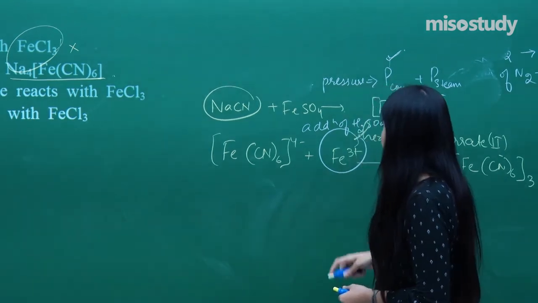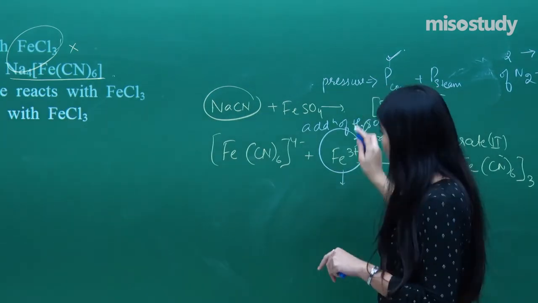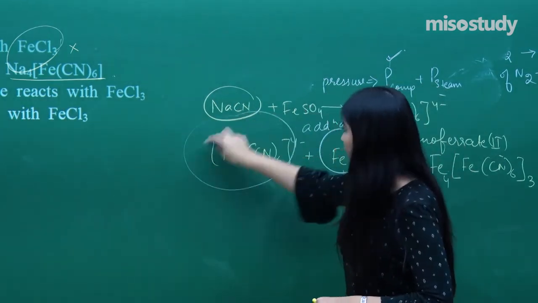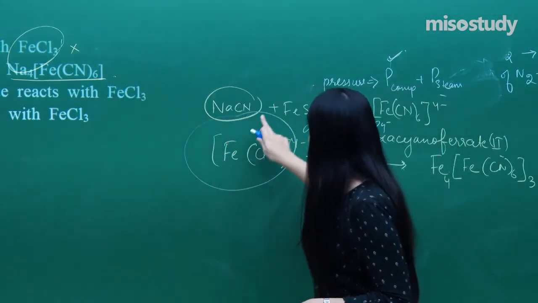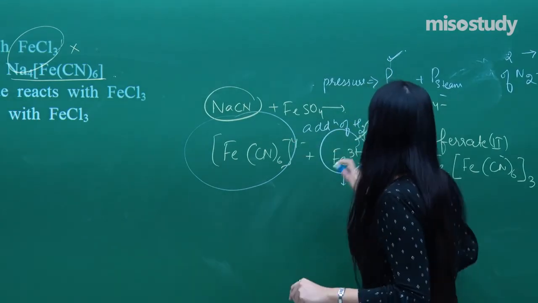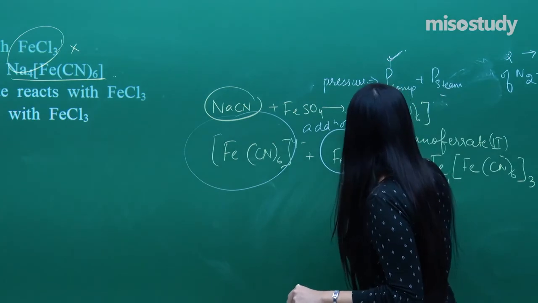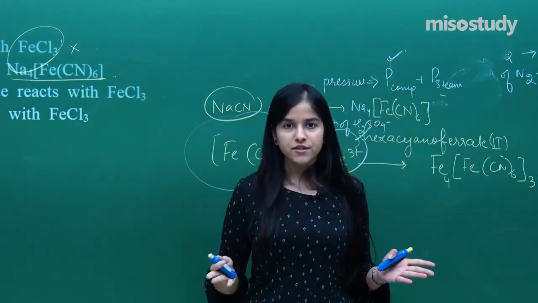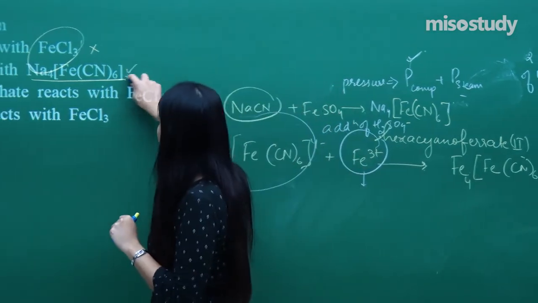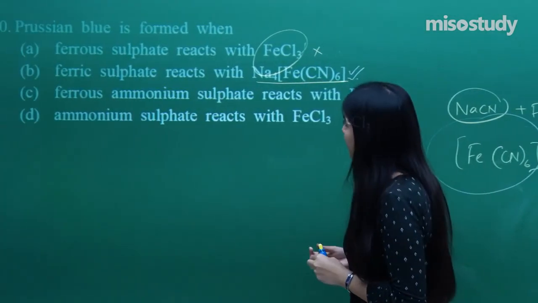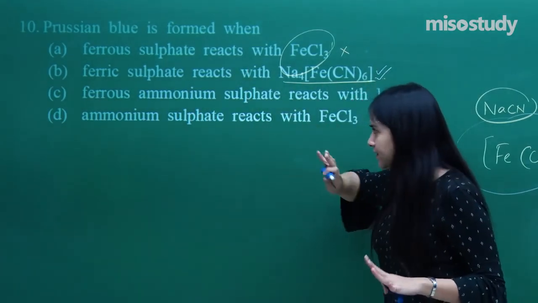So this ferric ion is coming from the ferric sulfate, and it is reacting with this particular compound. If you complete this reaction, I can counteract this negative charge with 4 Na positive ions to make it a neutral compound, and that is also given in this option. So I hope this is the correct option, but let us analyze the remaining two.